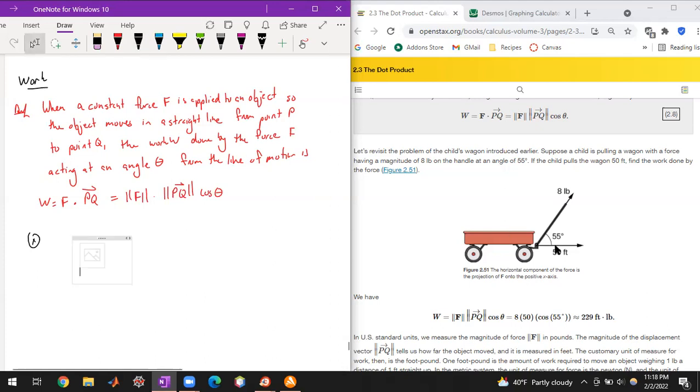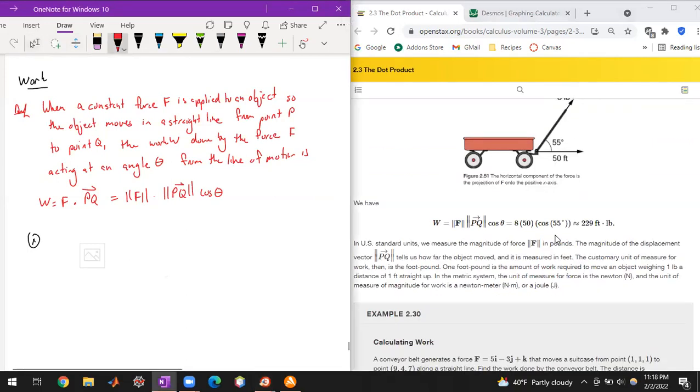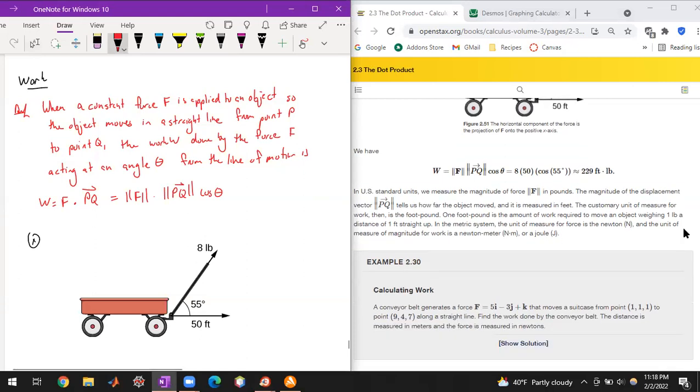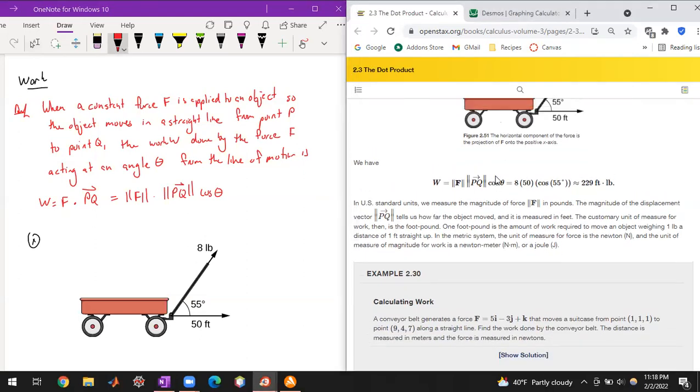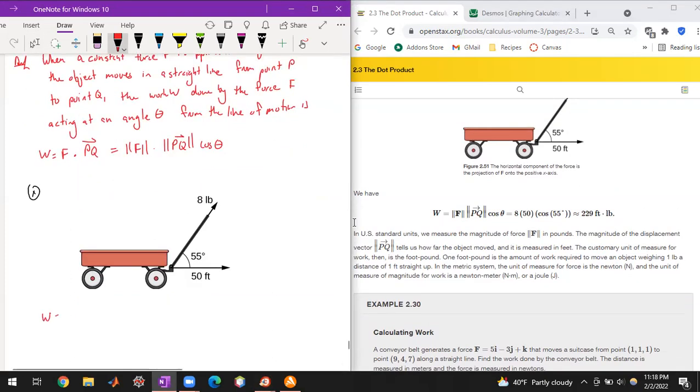So we know that the work is equal to the magnitude of F times the magnitude of our distance, the distance that we're traveling, times cosine of the angle between them.